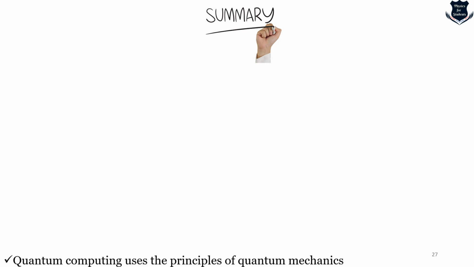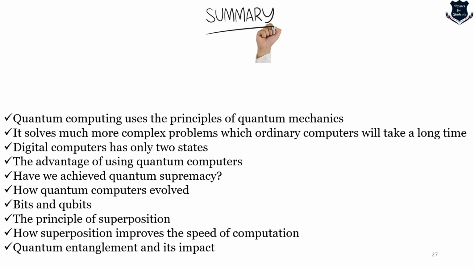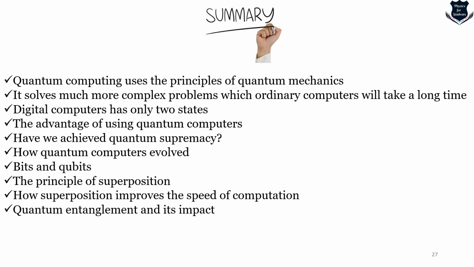So here is a time to quickly summarize. So we learned that quantum computing uses the principles of quantum mechanics. It solves much more complex problems than the existing classical system. Digital computers, because they have two states, are slow compared to quantum computers. And the advantages we learned, how we have achieved quantum supremacy, the Sycamore processor which Google claimed, how quantum computers evolved.